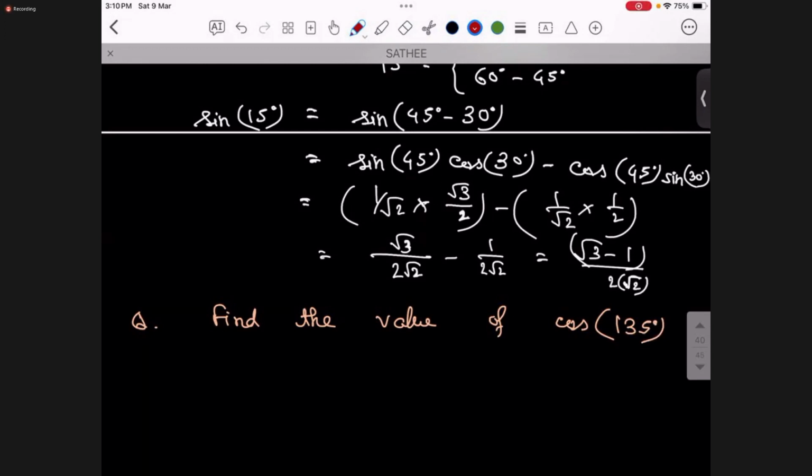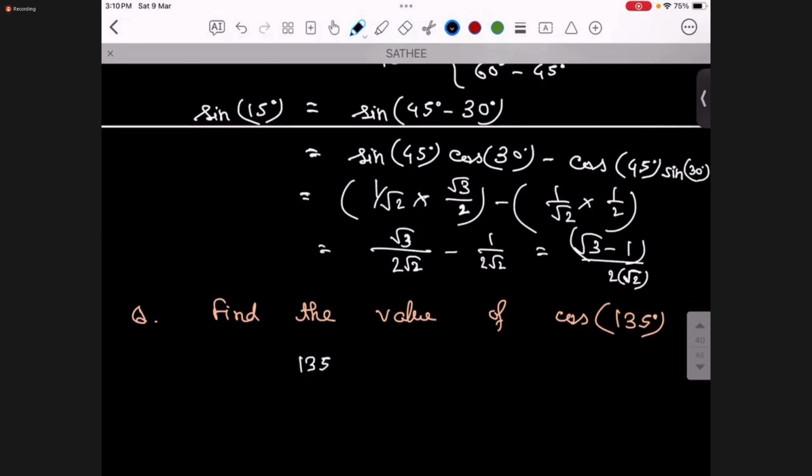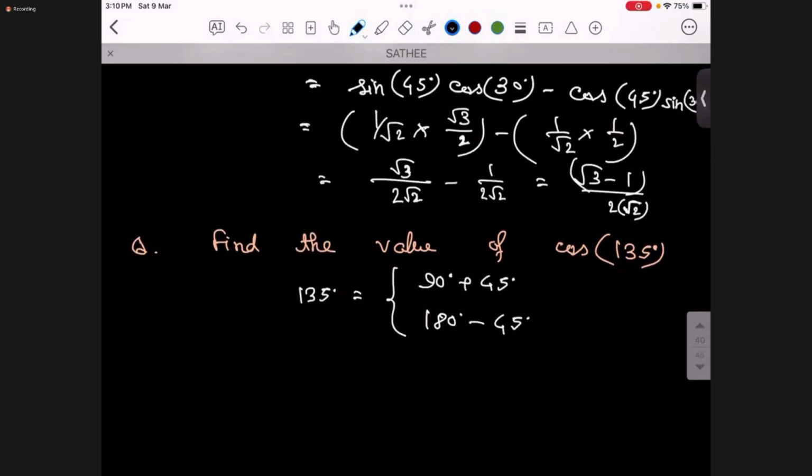Okay. So how can one get 135 degree? It can be 180 minus 45 or 90 plus 45, right? So one can write 90 degree plus 45 degree or 180 degree minus 45 degree.